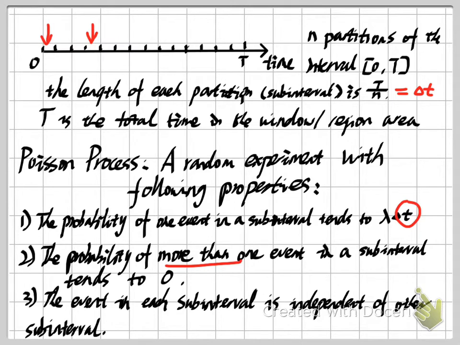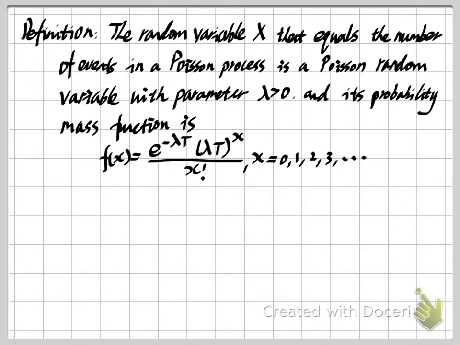So lambda times delta t is the probability of one event happening in one sub-interval. Here we also use the same lambda, and the probability mass function is defined as this equation.